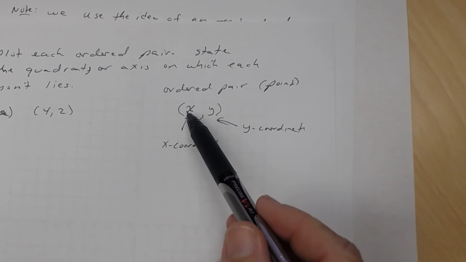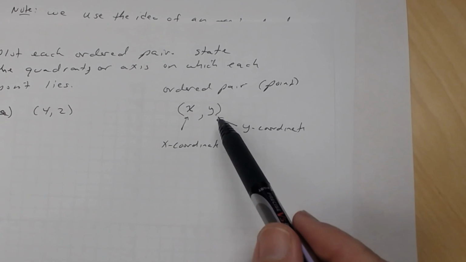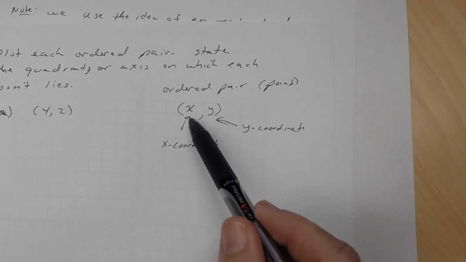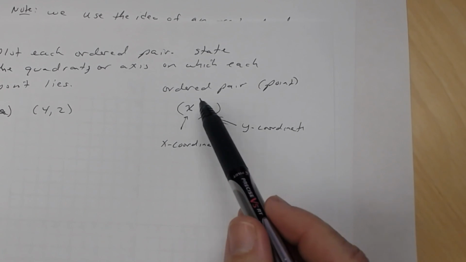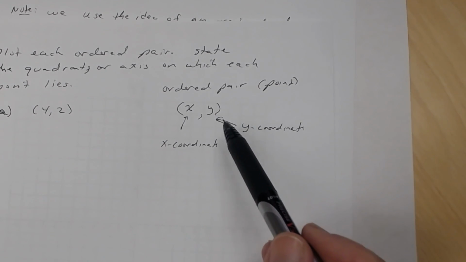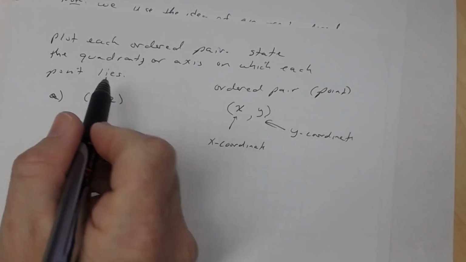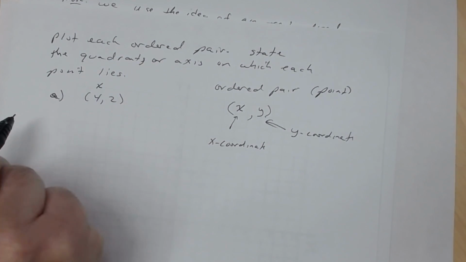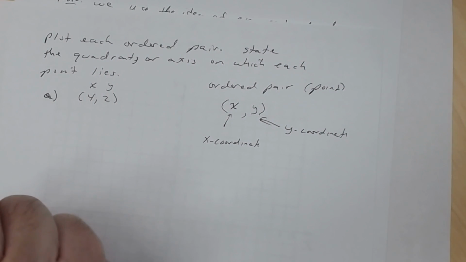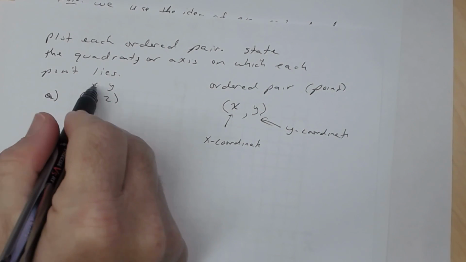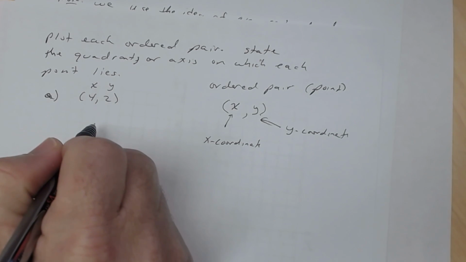The x-coordinate must always be listed first, and the y-coordinate must always be listed second. It has to be in that order, x, y. It's easy to remember because it's alphabetical order. So when I asked you to plot the point 4, 2, the 4 represents the x-coordinate, and the 2 represents the y-coordinate. Always keep in mind that the first number listed is the x-coordinate and the second number listed is the y-coordinate.